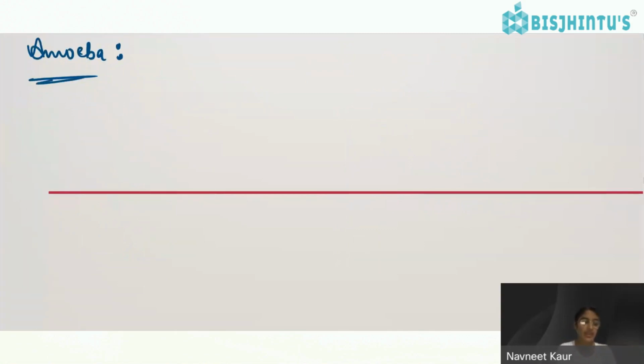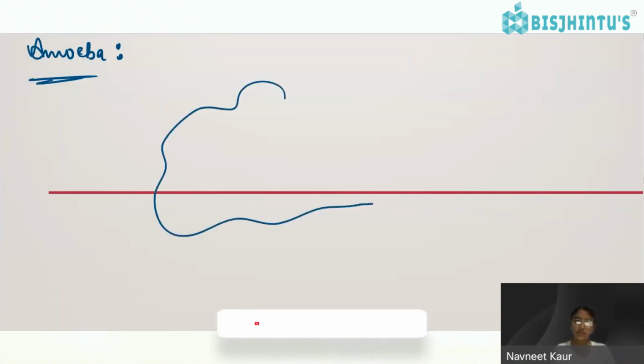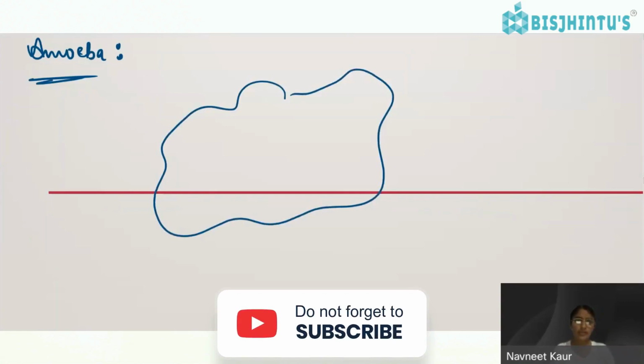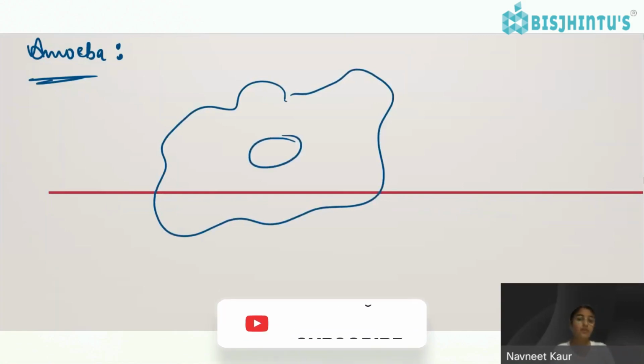So in that case, it is somehow like this, right? And yeah. तो अमीबा में क्या होता है कि सपोज़ अगर यहाँ पर कोई फूड पार्टिकल दिखा तो ये क्या करेगा, it will work like this.